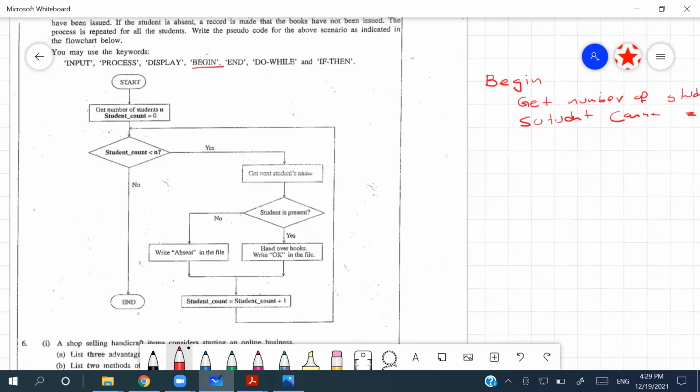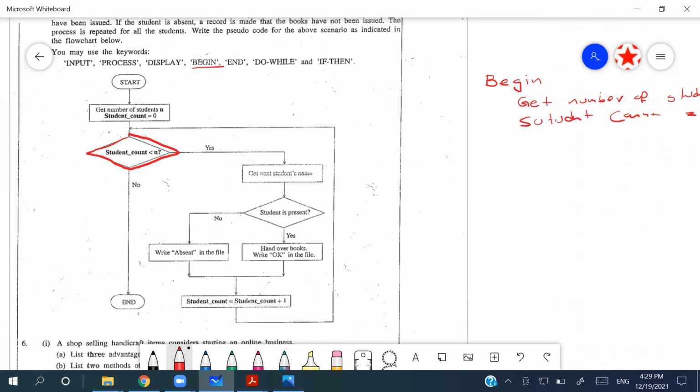Then we have a condition and we have to figure out whether it is a selection or an iteration. How are we going to figure that out, whether it is a selection or an iteration? We can clearly figure out whether this is an iteration or not.